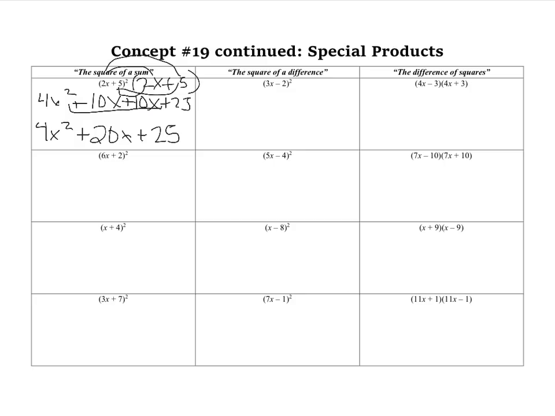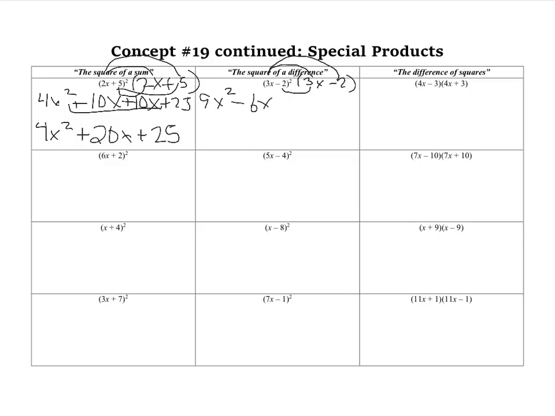Now let's take a look at the next one, going over to the right. 3x minus 2 squared. You can't just bring in that 2 because it's a subtraction problem. So you have to think of it as 3x minus 2 twice, right? 3x minus 2 squared means that I'm multiplying 3x minus 2 by itself. So again, we're going to do FOIL. 3x times 3x is 9x squared. Then 3x times negative 2 is negative 6x.